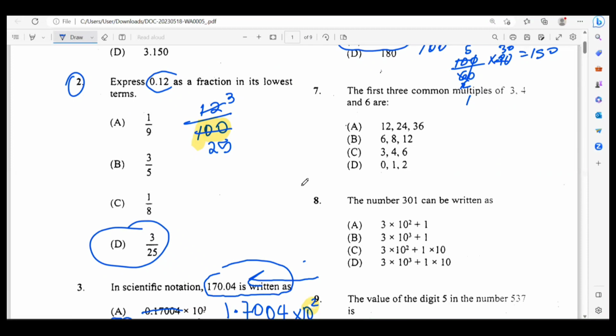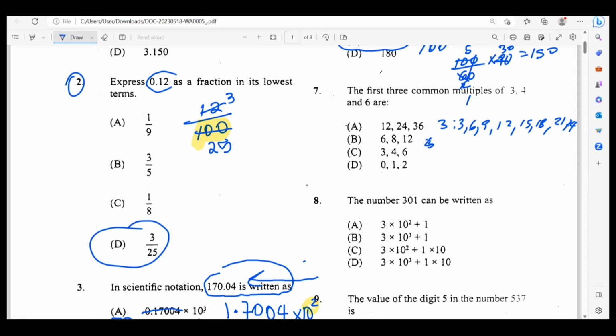All right, the first 3 common multiples of 3, 4, and 6. You notice I said the first 3 common multiples. So you could write down these, right? Multiples of 3 start at 3, then 6. You keep adding the same number, adding 3, adding 3, and it goes on and on.